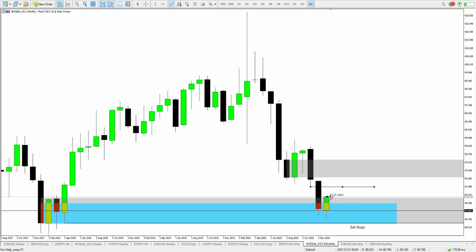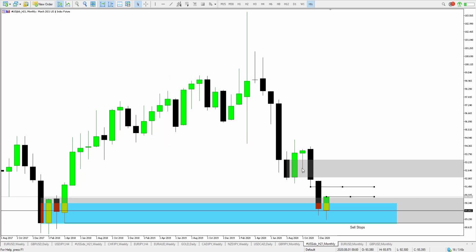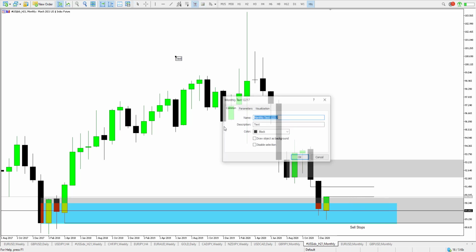That's the price which the market closed in at on Friday. There's nothing too fancy about that. It's there for everyone to see. So now this is our monthly fair value gap.